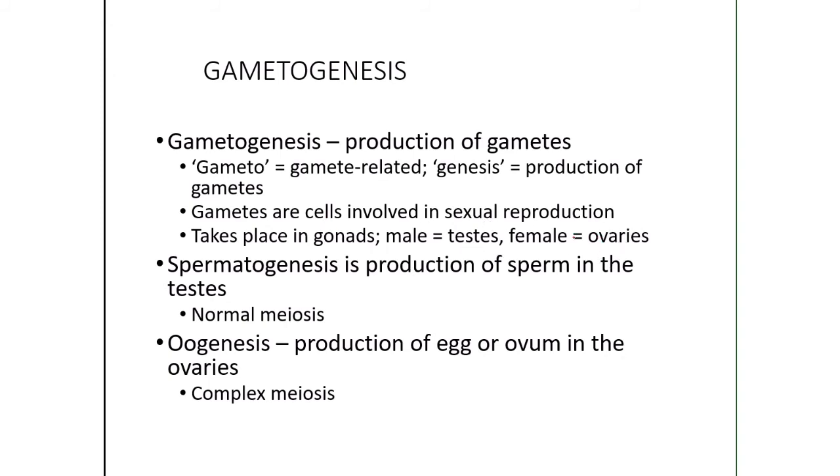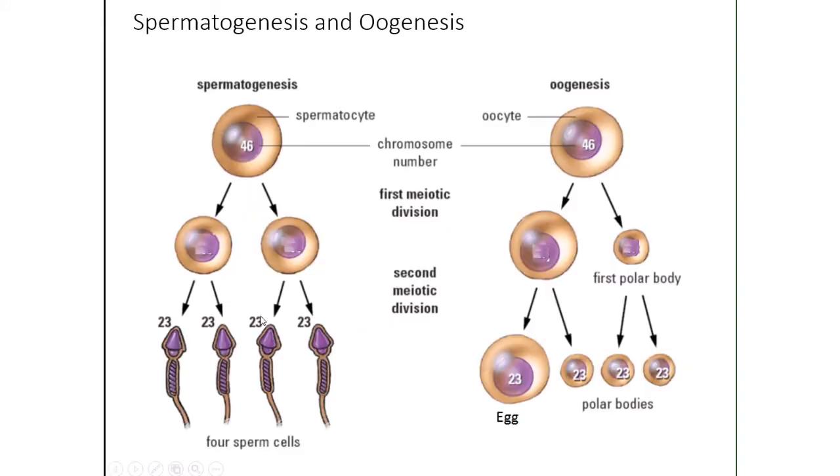So in the testis, we more specifically call it spermatogenesis because you're producing sperm, and in females, we are going to be doing oogenesis because an egg is called an oocyte. Right? So that's why it's called oogenesis, and it's going to be a little bit different than the normal meiosis that you will see. Let's start with spermatogenesis.